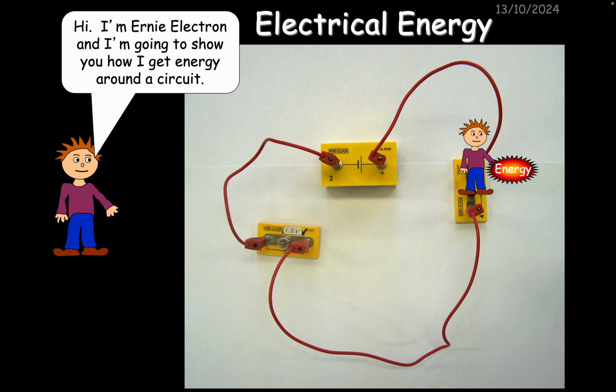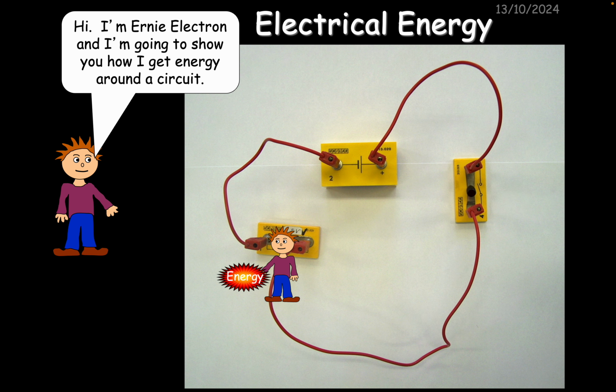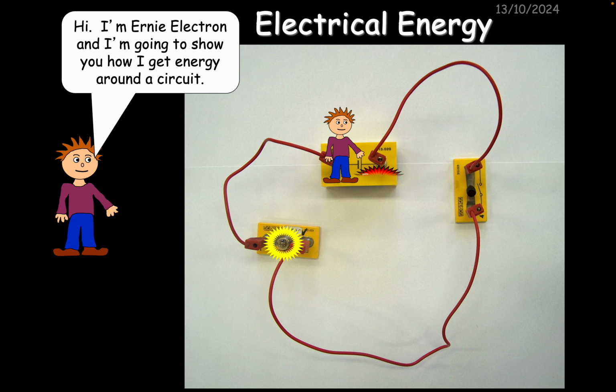So the energy is not what's going around the circuit, it's the electrons or the charges which go around the circuit, but the charges, like the electrons, gain the energy from the battery and deliver the electrical energy. It's transferred from the battery, electrical work is done, and the bulb then changes it into light radiation, which is then transferred to the room, okay? So it's an electrical transfer of energy.